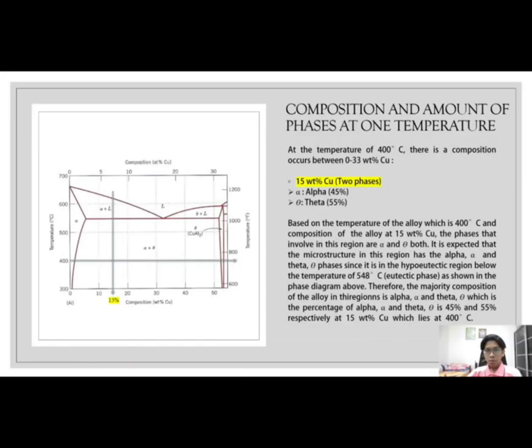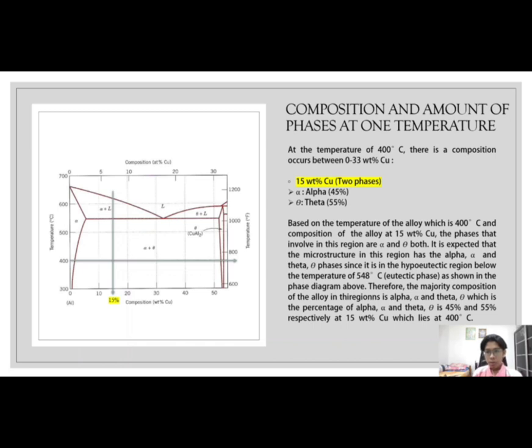Next, this is the composition and amount of phases at one temperature. As we can see in the phase diagram, this is where the composition at 400 degrees Celsius and 15 weight percent copper lies, which is in the alpha and theta phases of the aluminium-copper alloy.